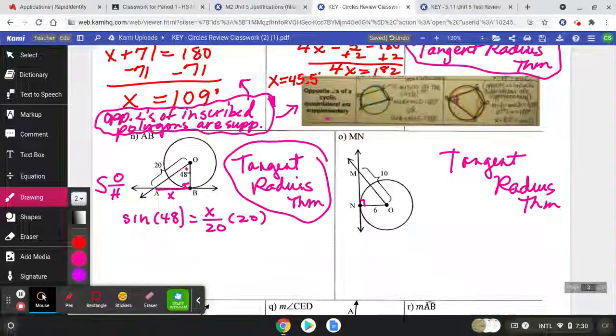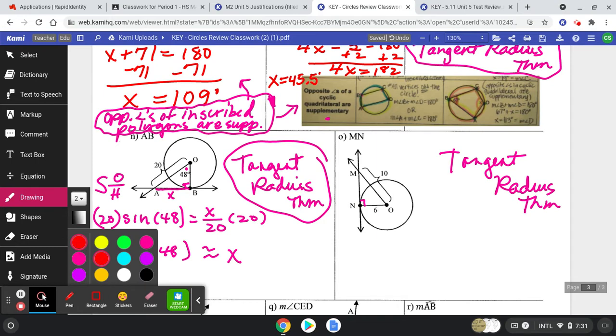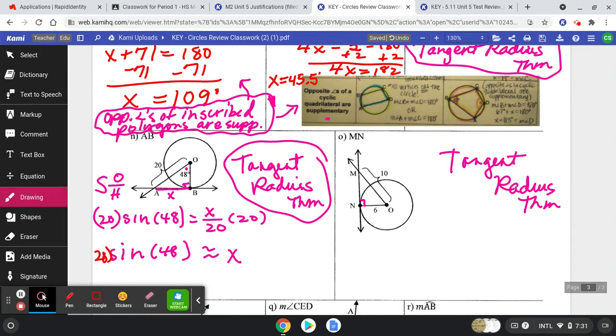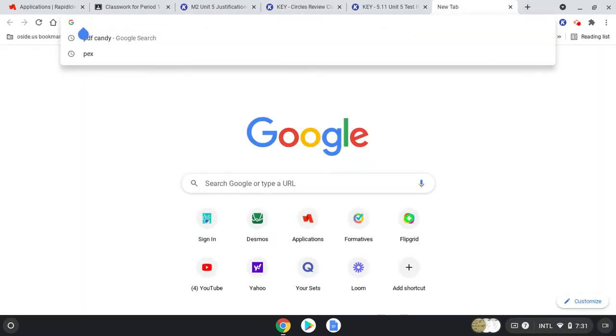Remember that we're going to multiply both sides by 20. And what we're actually going to plug into our calculator is 20 times the sine of 48. So go open up that calculator.